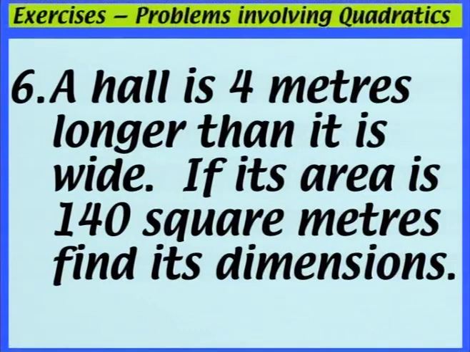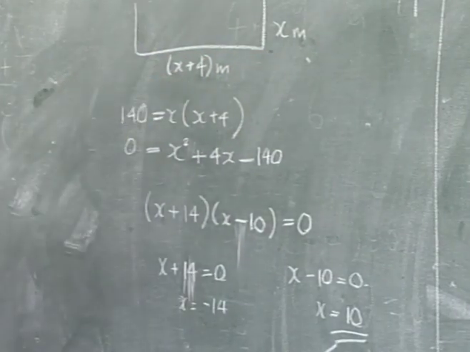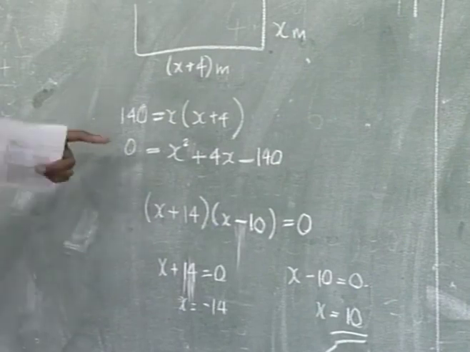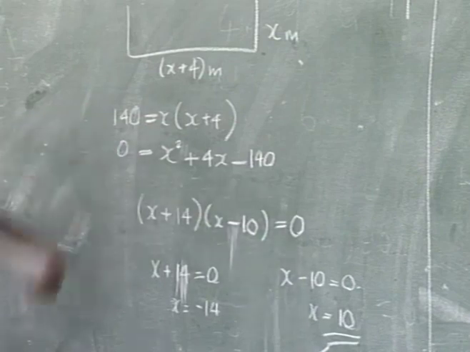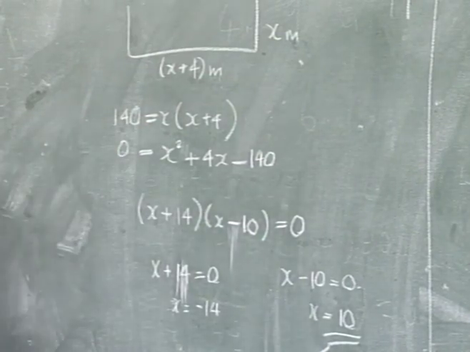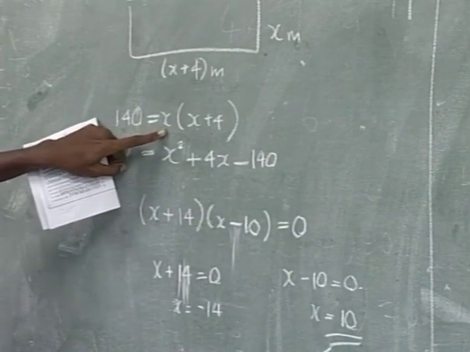The question reads, a hole is 4 meters longer than it is wide. If its area is 140 square meters, find its dimension. Let the width be x and the length be x plus 4 meters. Since the area is 140, our equation is x times x plus 4 equals 140.